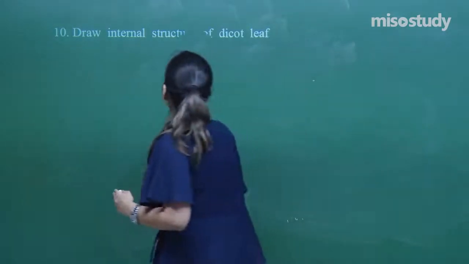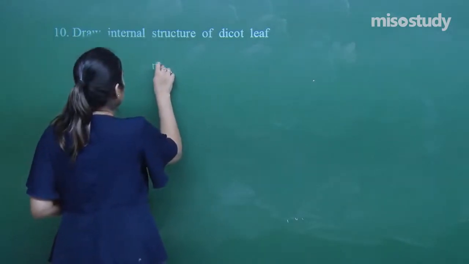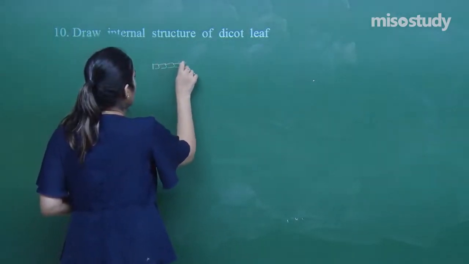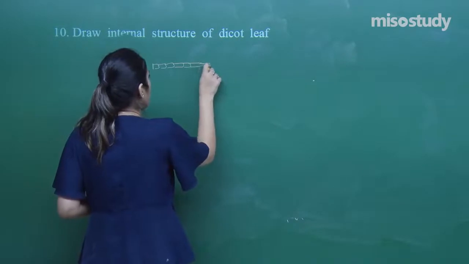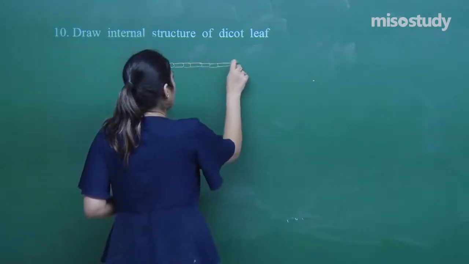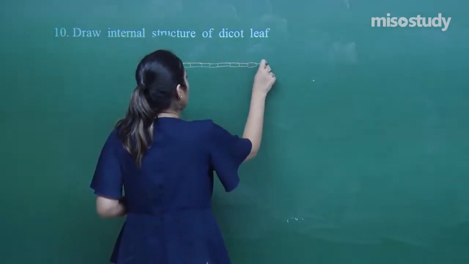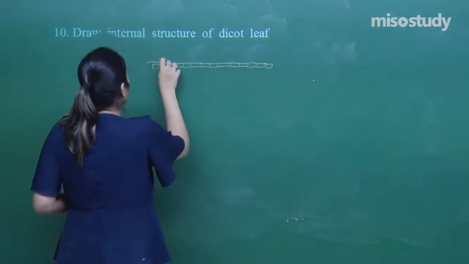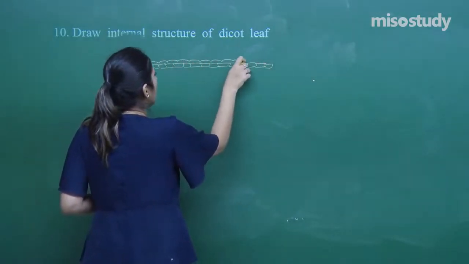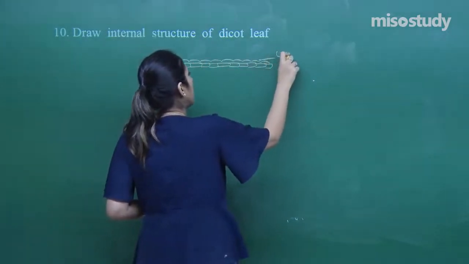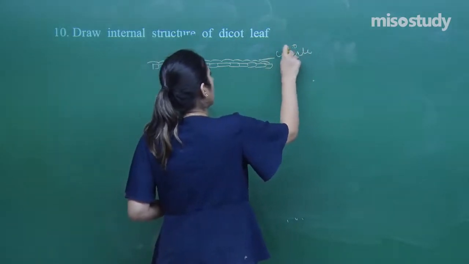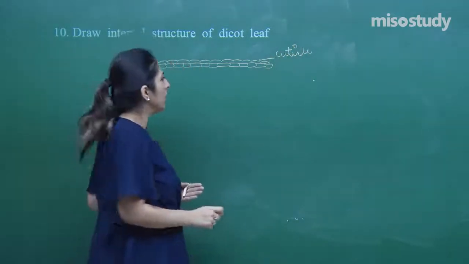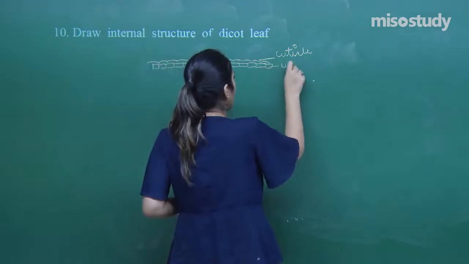Now let's see the internal structure of these cells. This is how the cells are arranged, and you can see above, the cuticle is present. This is the cuticle. This is called the upper epidermis.